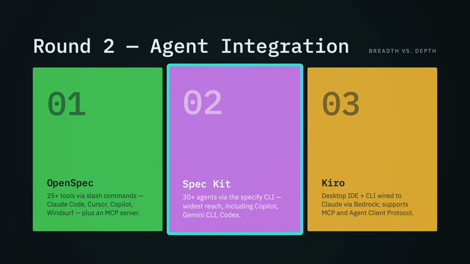Kiro takes a narrower, deeper approach, a standalone desktop IDE or CLI, wired directly to Anthropic's Claude models through Amazon Bedrock, supporting the Model Context Protocol and the Agent Client Protocol for swapping in other editors. Breadth versus depth. Spec Kit and OpenSpec optimize for reach. Kiro optimizes for one well-integrated stack.